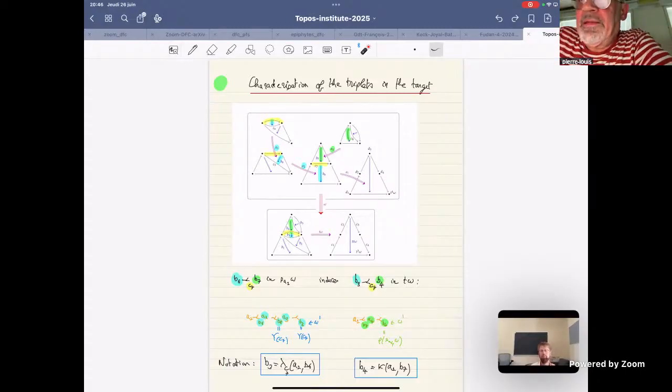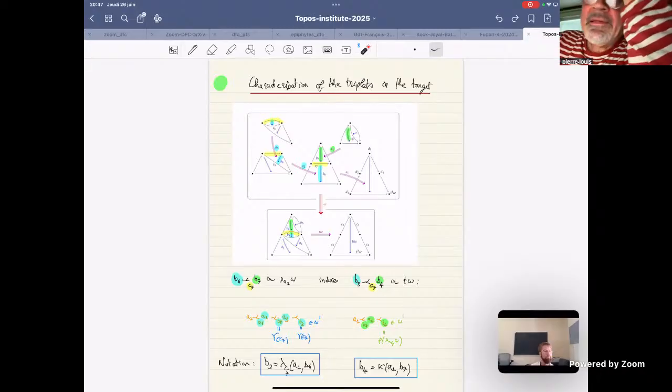But the idea is that we can characterize when, so we know that the nodes of the target are the leaves of the opetope. So we want to know when two leaves of the opetope will be related by a triplet, so will be one above the other in the target.